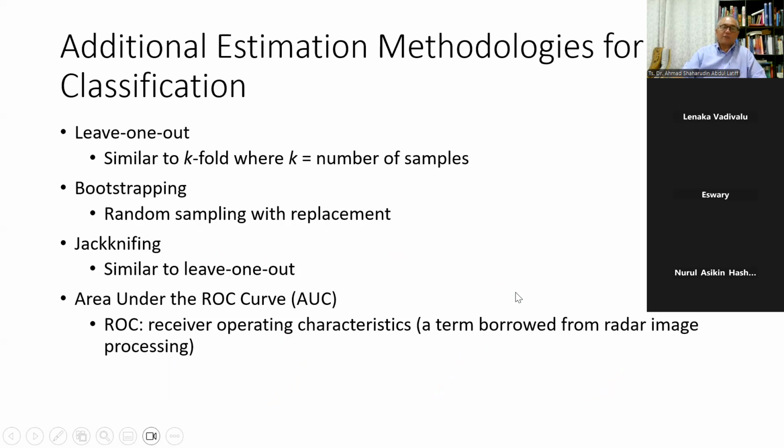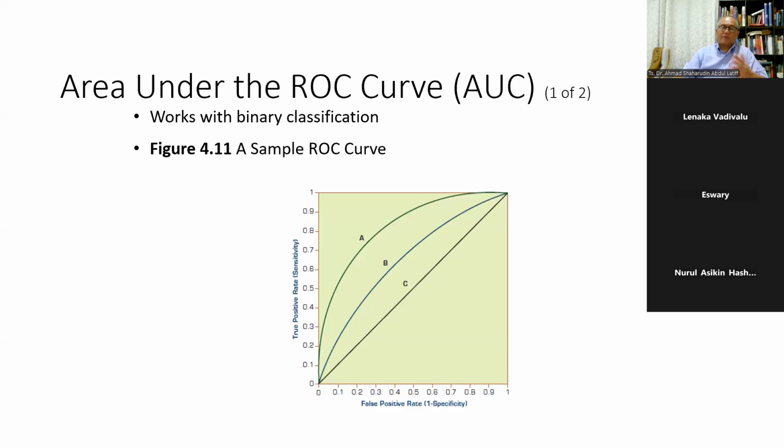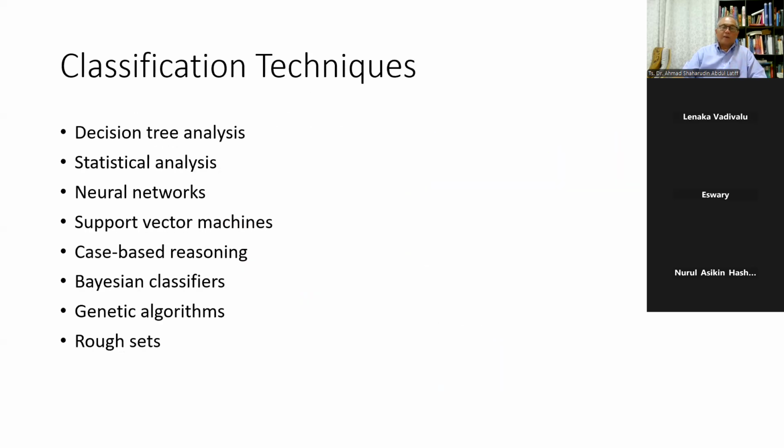There are other methods. Leave-one-out is similar to K-fold, but you use K as the number of samples. Bootstrapping uses random sampling. Jackknifing leaves one out, or there is the area under the ROC curve, which I'll cover later. Other classification techniques include decision tree analysis, more suitable for categorization, statistical analysis, neural network, support vector machine, and case-based reasoning.